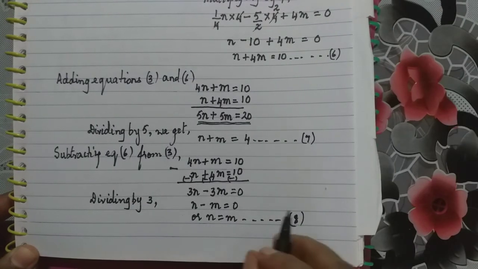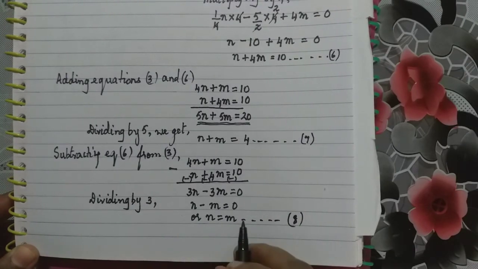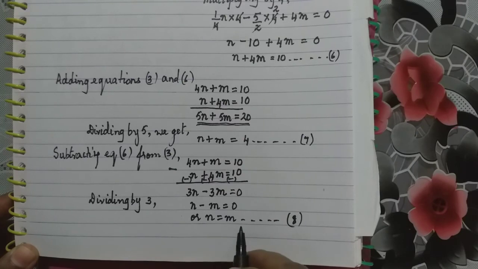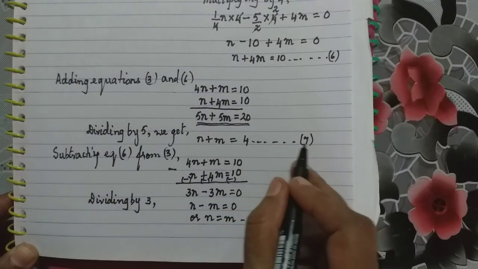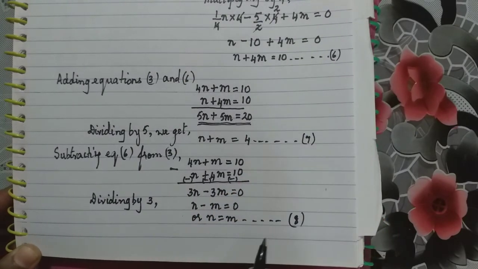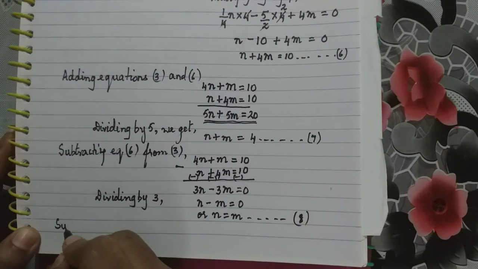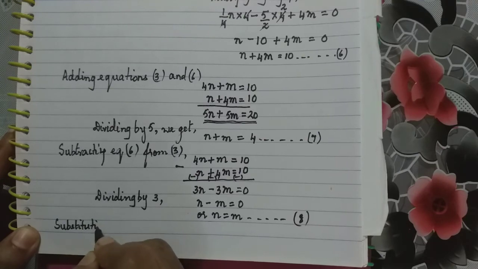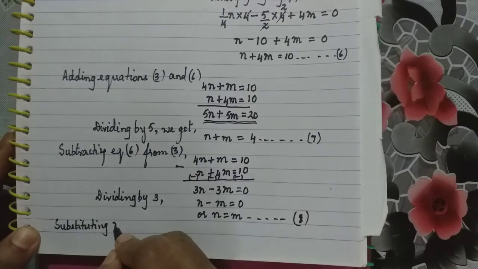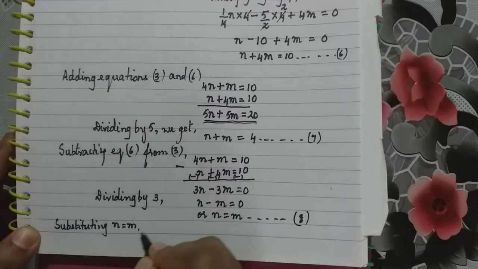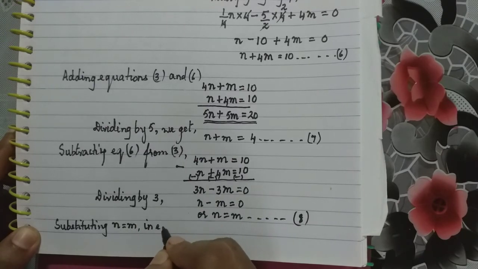Since n is equal to m here, I can substitute n equal to m in equation 7. So substituting n equal to m in equation 7.